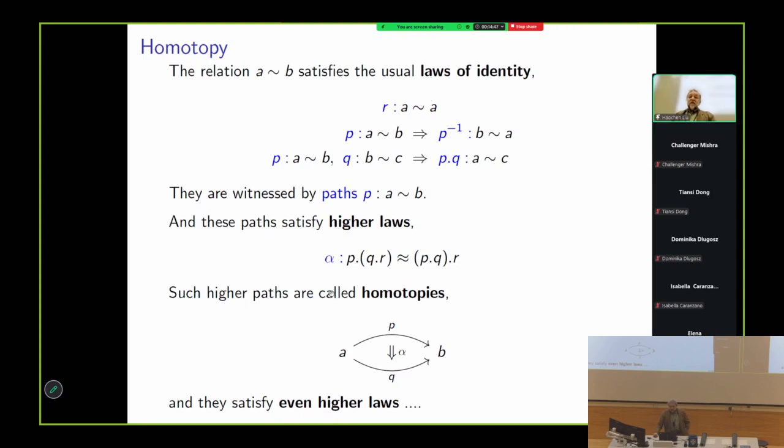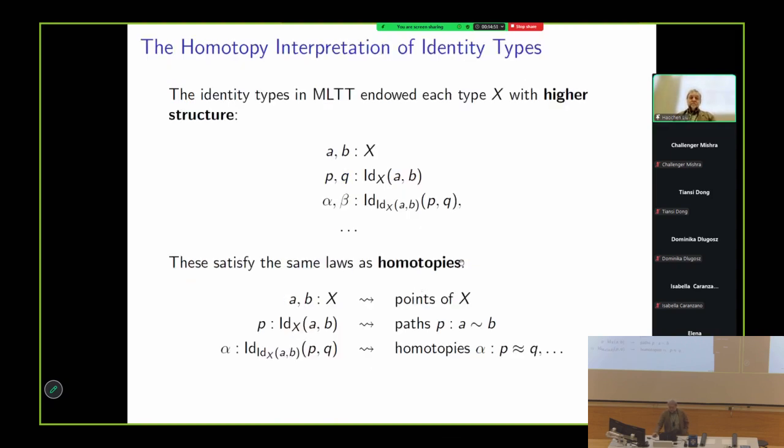So these paths satisfy higher laws given by homotopies. And in fact, one can prove that in the Martin-Löf type theory, every type is endowed with a higher structure, this tower of identity types at higher and higher levels, where by higher I mean higher dimensional: paths, paths between paths, paths between paths between paths, and so on, which are interpreted by homotopies.